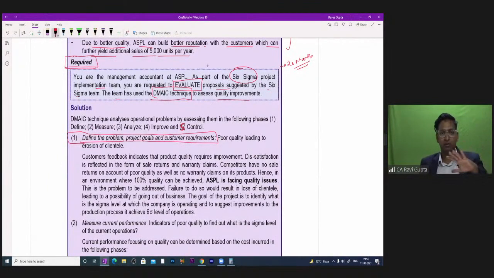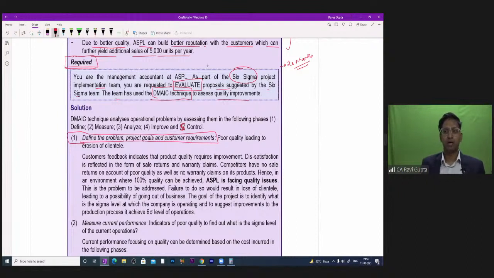All the information has to be taken up in those 5 headings, and we know there is very little content in the control portion. So the control portion could be taken up for 2 marks, and the define component could also be taken up for 2 marks.